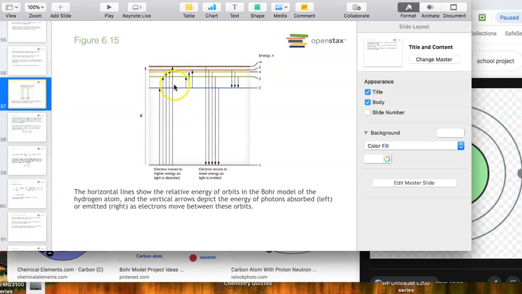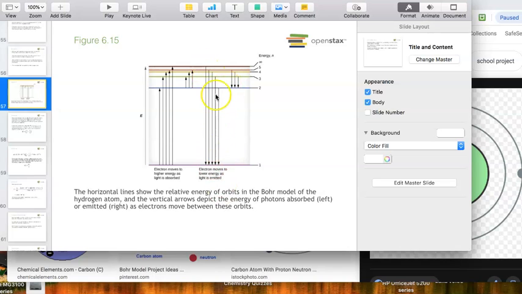It's also possible, if it gets bumped up to an energy level of 2, that it can again absorb energy to go to 3, 4, or 5. Eventually, though, the electron is going to lose that energy and go back down, and different transitions are possible.